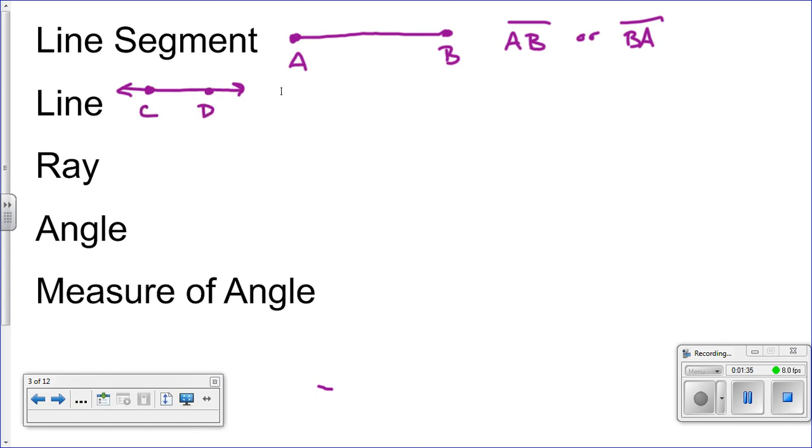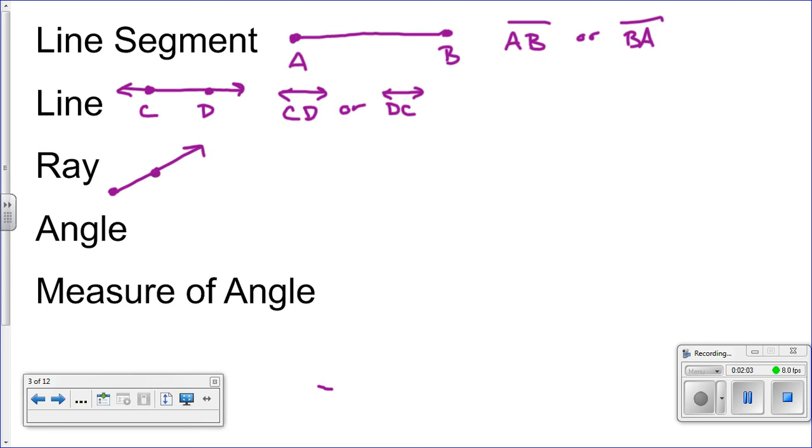To denote this, you would draw a little line. We don't put little points on it, and you could say line CD, or you could say line DC. Now here's something that we're not really going to be dealing with today, but that would be a ray, and what that means is you have an endpoint and this goes on only in one direction.